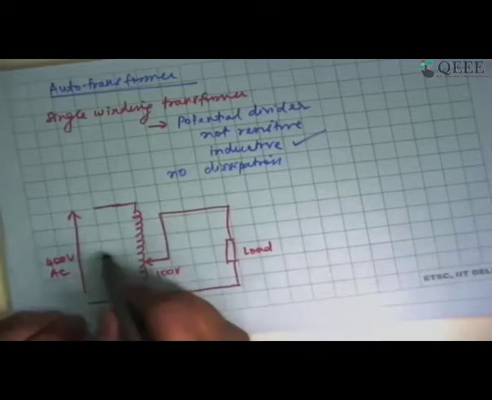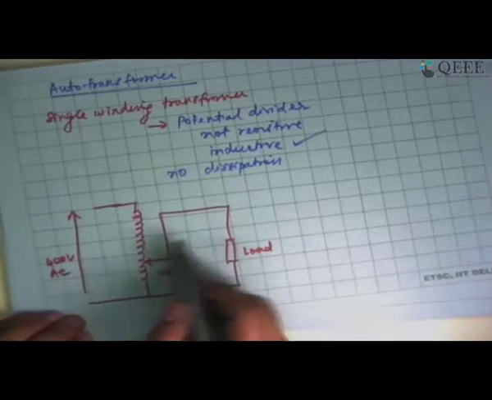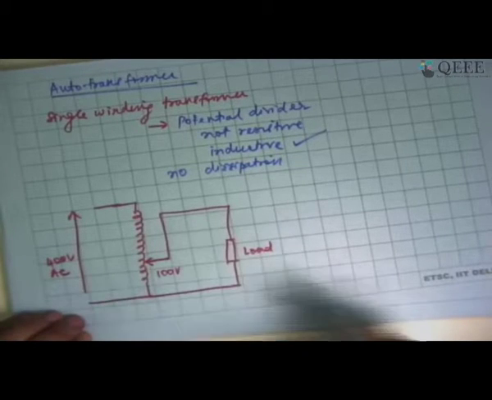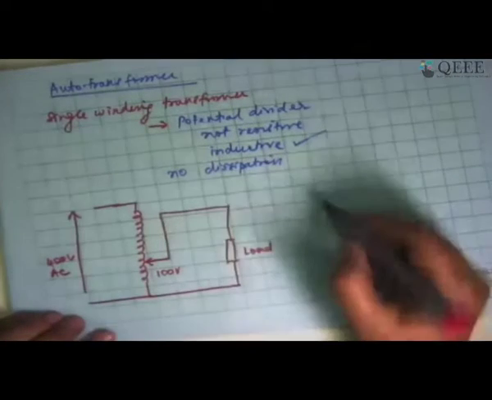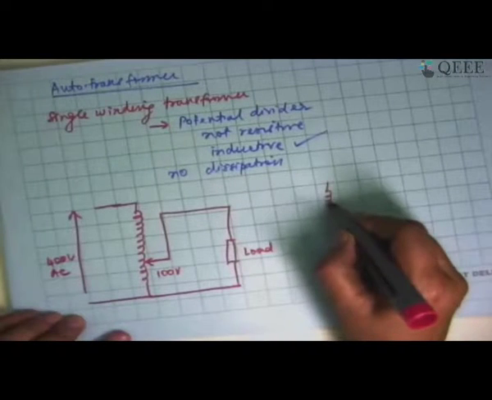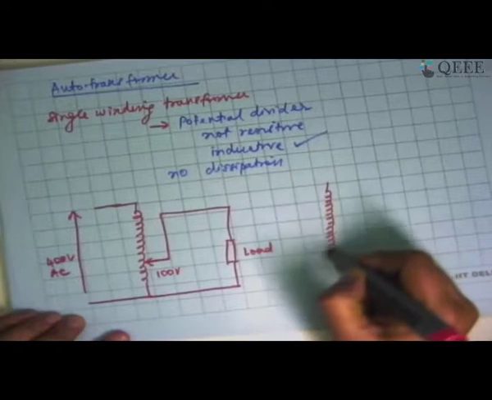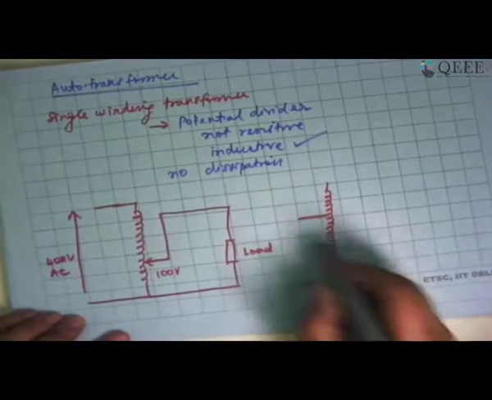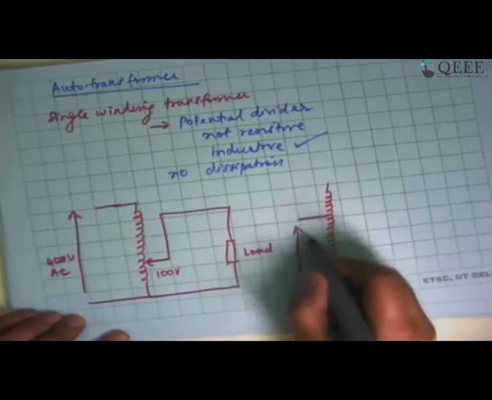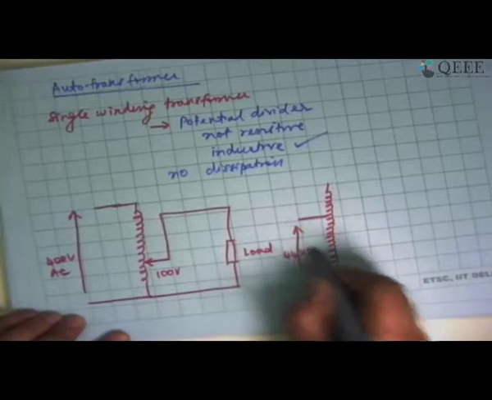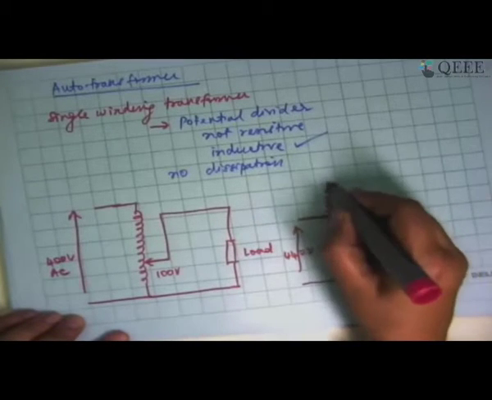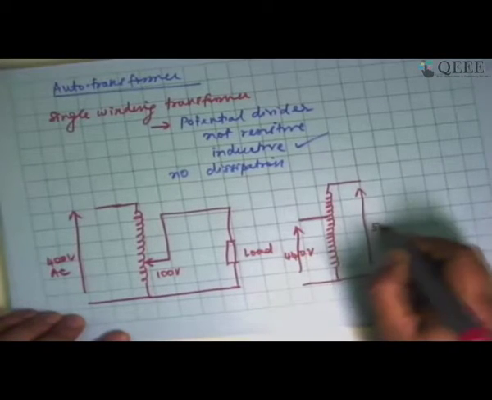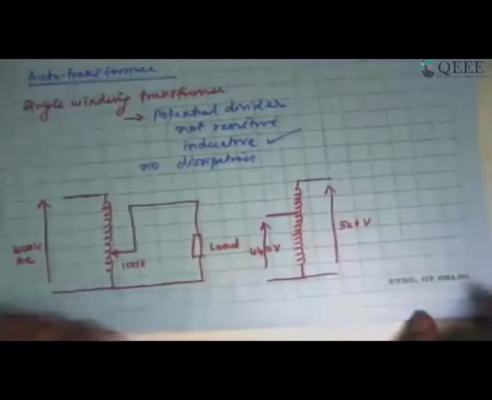I will be able to take it from a 400 volt source by using a variac. So I can look at a variac as a source which will provide me with lower values of voltage. I can also sometimes have higher values of voltage. For example, if I apply 400 volts only to fewer turns than the total number of turns, what I get here may be 500 volts because I have more turns.